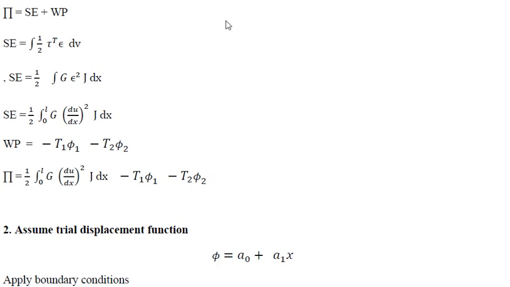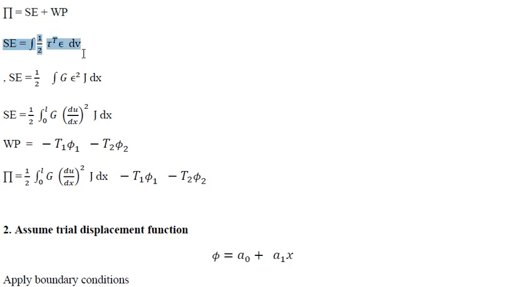Here the stiffness matrix is derived with respect to the potential energy functional. As we know, the potential energy functional is given by pi is equal to SC plus WP. SC is the strain energy, WP is the work potential. Strain energy is the internally induced energy, work potential is the externally applied energy.